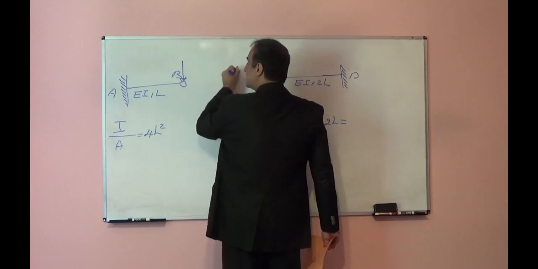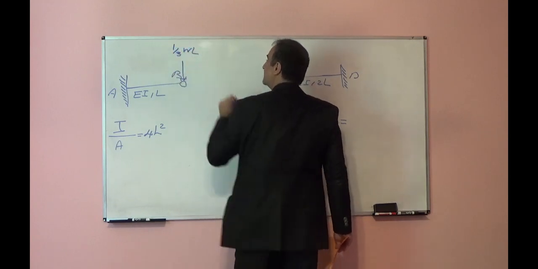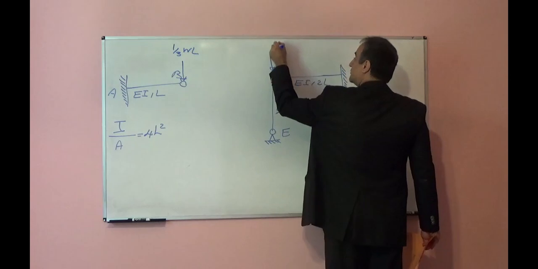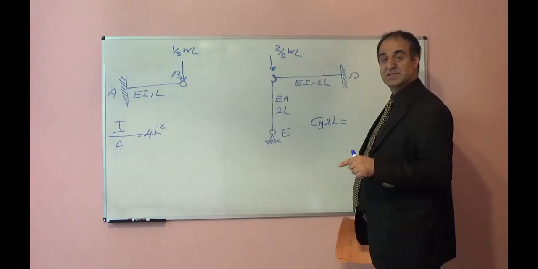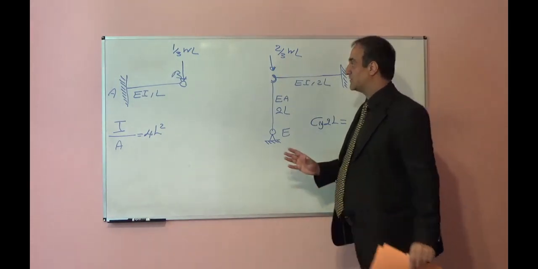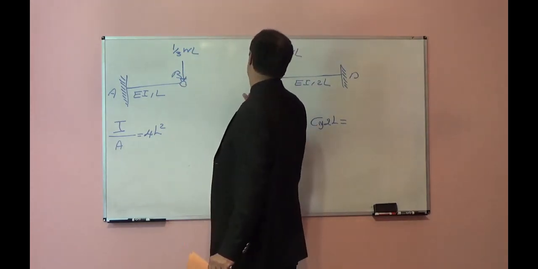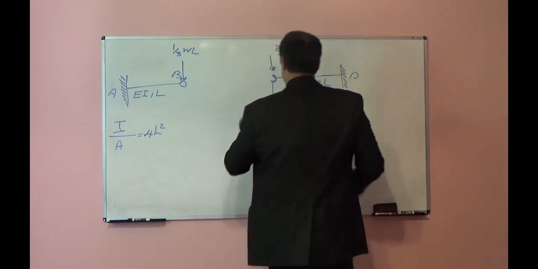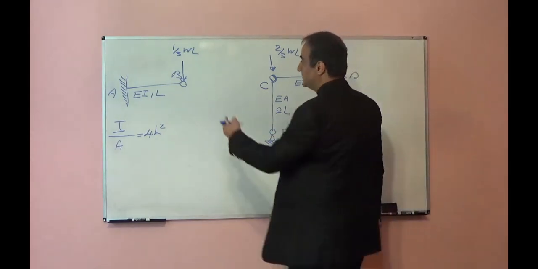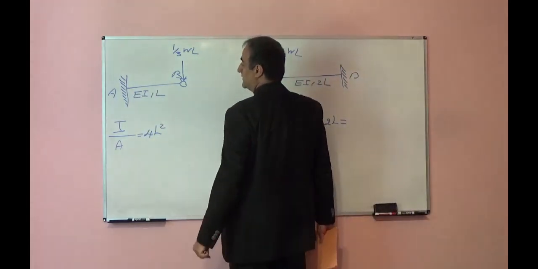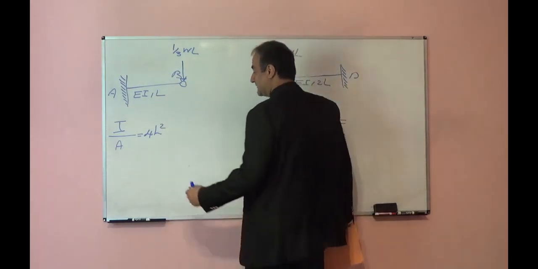The effect will be 1/3 WL here, 2/3 WL here, because the entire load is the area underneath the triangle. Of the entire load, 1/3 will transfer to B, 2/3 will transfer to C. Now, finding delta B is very easy because it is a very simple problem. It is only one cantilever beam subjected to a point load at the free end.